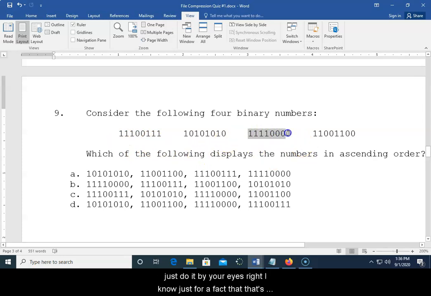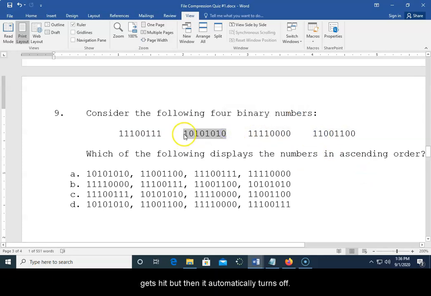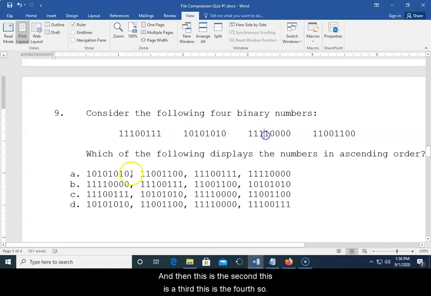I know for a fact that that's the largest number right there because 1, 1, 1, 1 is hit. Whereas this one, 1 and then 0, that's turned off. This is the second largest because 3 of these are here, and this is the third largest because 2 here. So this is the smallest because 1 gets hit, but then it automatically turns off. And then this is the second, this is the third, this is the fourth.